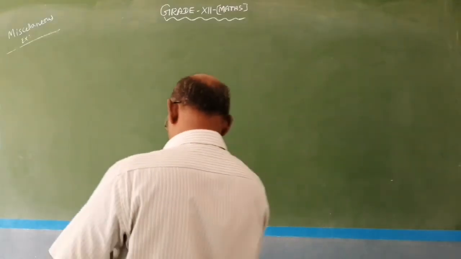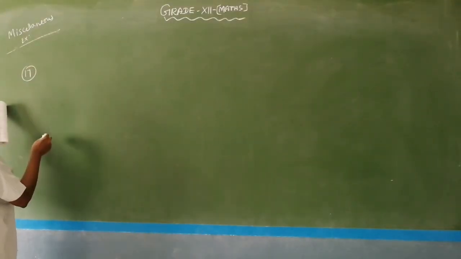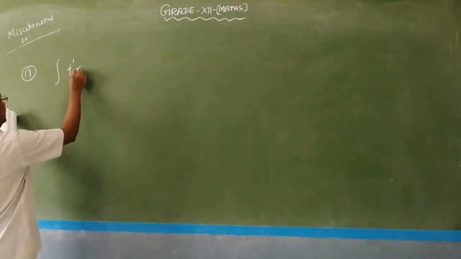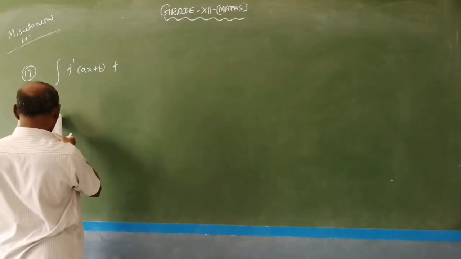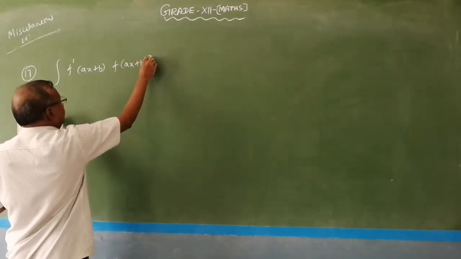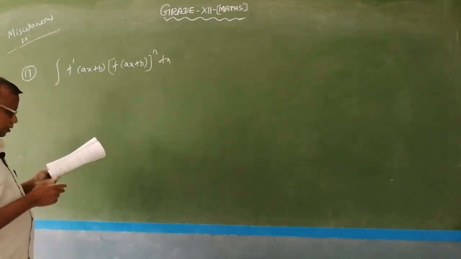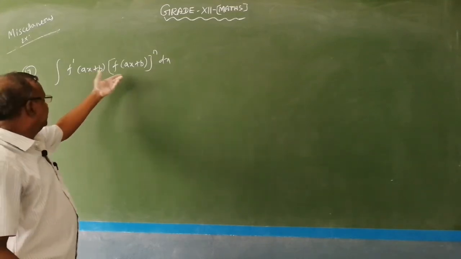Now, question number 17: the integral of f dash of ax plus b into f of ax plus b whole power n into dx. Here we have a function and a corresponding derivative.